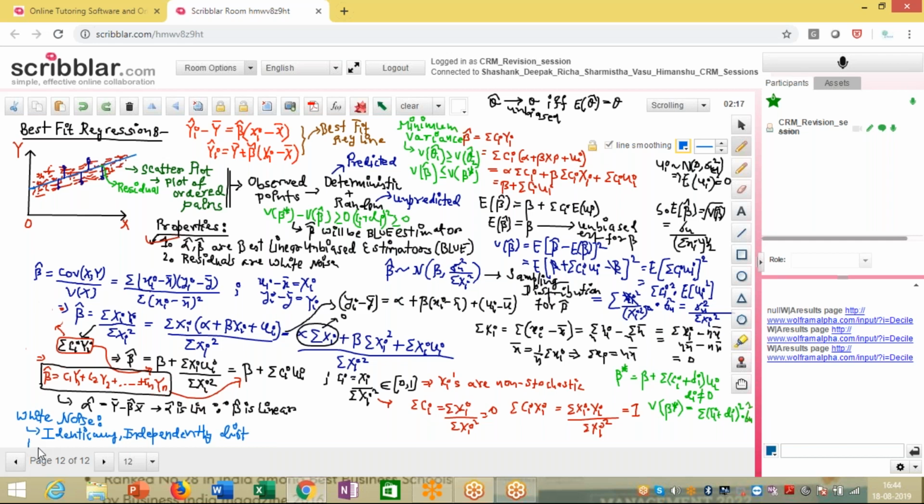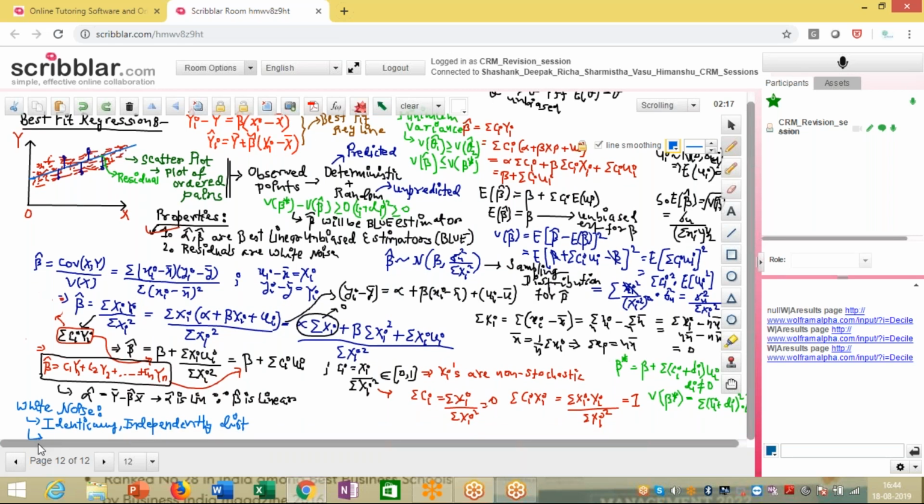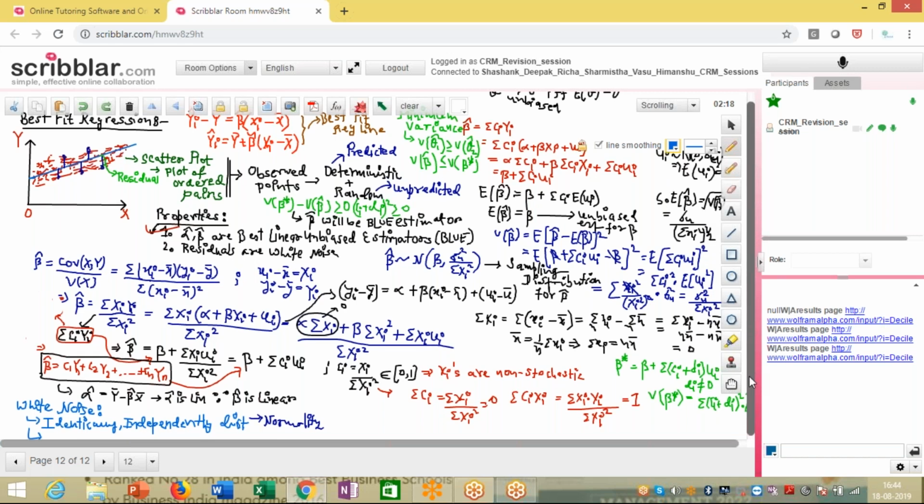Given that they are identically independently distributed, this implies normality. The second thing that comes out over here is that they should not be having any pattern.